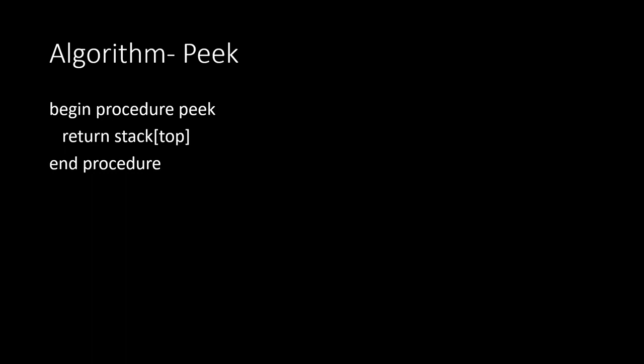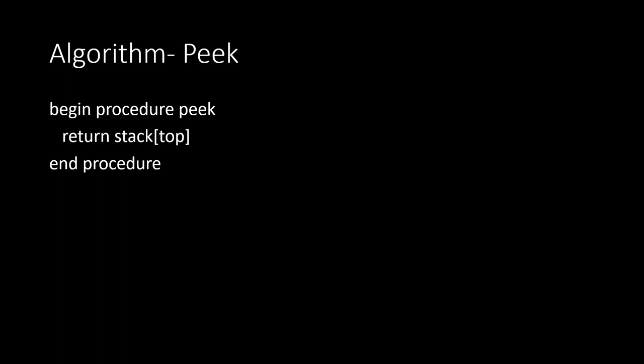So the first one, let's start with the simplest one, that is peek. As we spoke a few minutes back, peek gives you the element that is at the top of the stack. As you can see, the procedure has just one real statement in the code, and that is returning the top element of the stack.